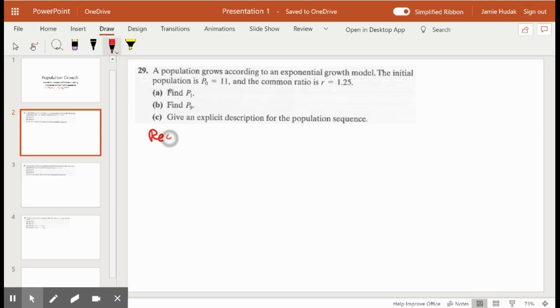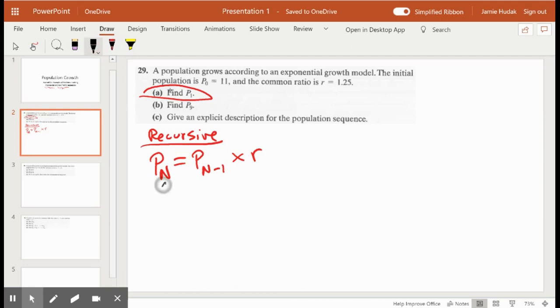If we recall the formula for recursive population growth, for exponential models it's P sub n equal to P sub n minus 1 times R. So for part A, we want to find P1. If I plug in 1 for n, then n minus 1 would equal 0.